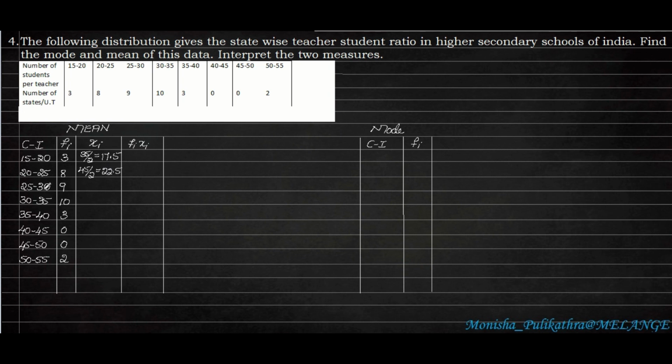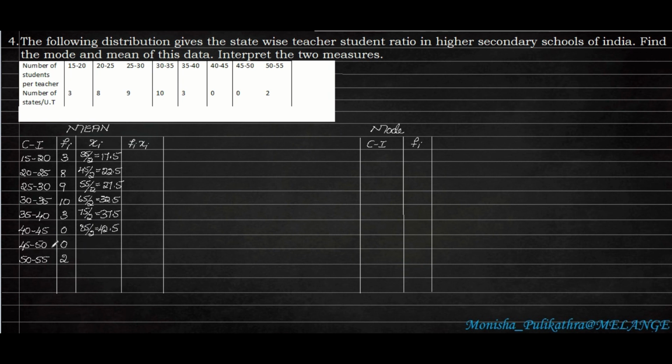Next, 25 plus 30 is 55, divided by 2 is 27.5. Next, 30 plus 35 is 65, divided by 2 is 32.5. Next, 35 plus 40 is 75, divided by 2 is 37.5. Next, 40 and 45 is 85, divided by 2 is 42.5.